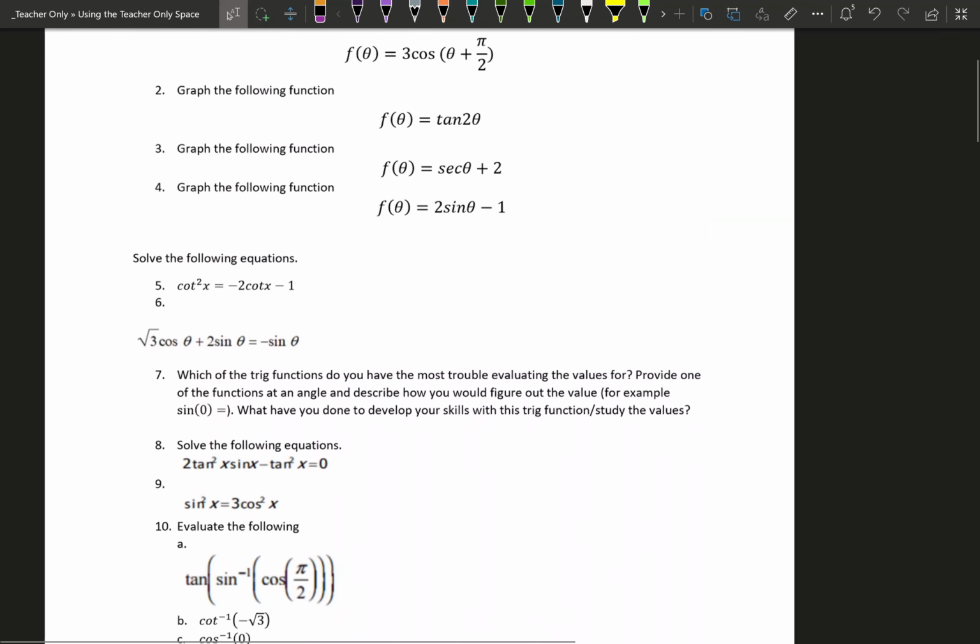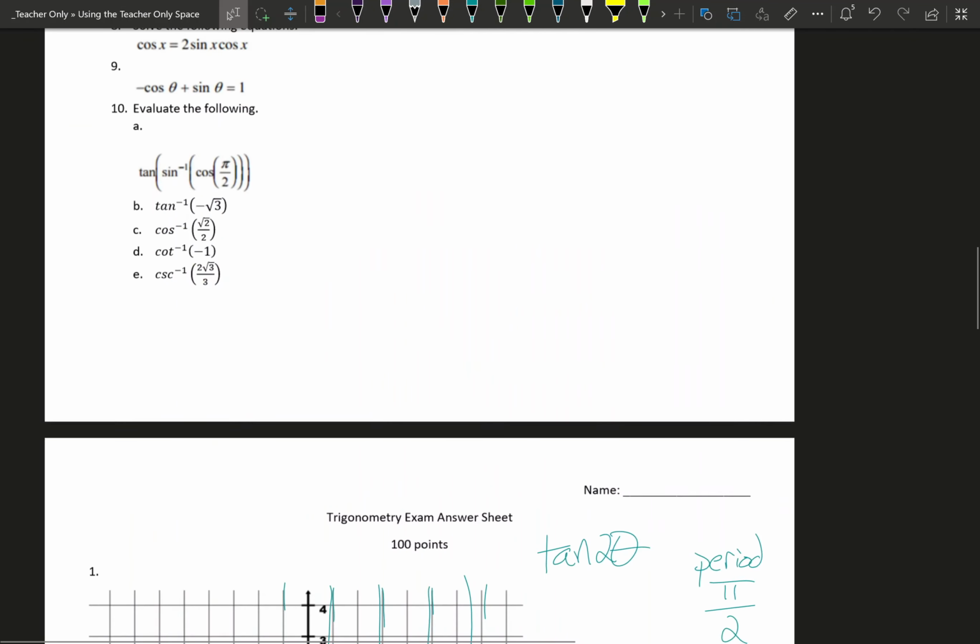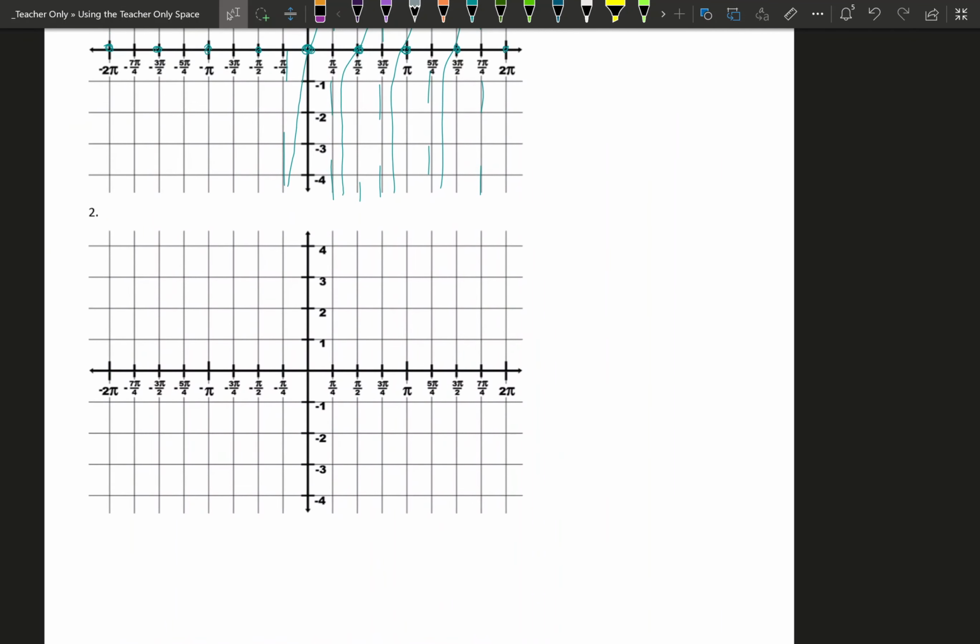So we've got secant of theta plus 2. And then also we've got 2 sine of theta minus 1, so I don't have to scroll back up. So our secant graph, I like graphing based on our cosine function.